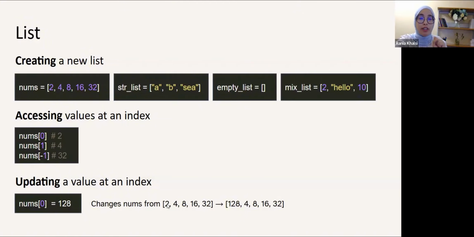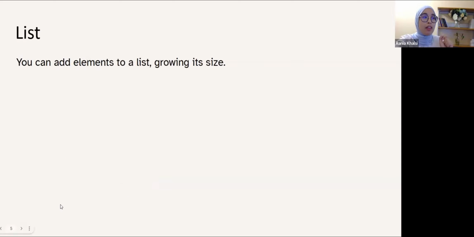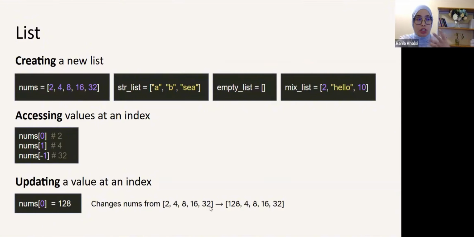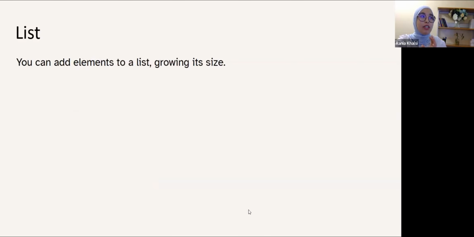Here it is the element of index 0 that I want to change, so I write nums of 0, and here I assign a new value to that first element of my list. So it's 128. If we do that, then the updated list is going to start with 128 instead of 2. So this is mainly for lists.